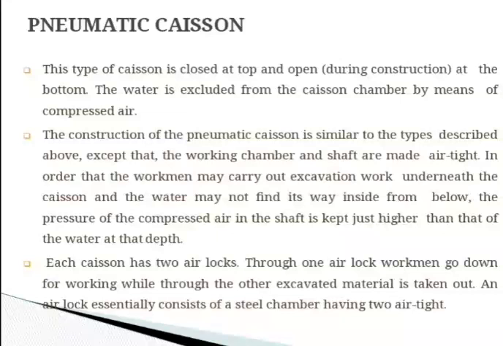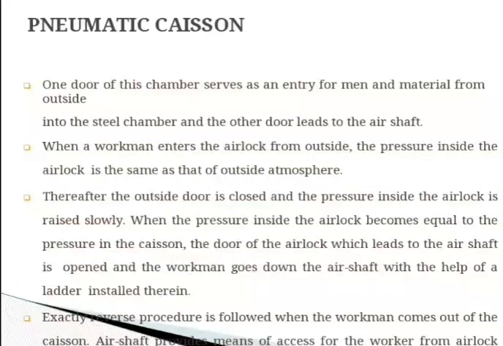So each caisson has two airlocks. Through one airlock, workmen go down for working, while through the other, excavated material is taken out. An airlock essentially consists of a steel chamber having two airtight doors. One door of this chamber serves as an entry for men and material from the outside into the steel chamber, and the other door leads to the air shaft. When a workman enters an airlock from outside, the pressure inside the airlock is the same as that of the outside atmosphere.